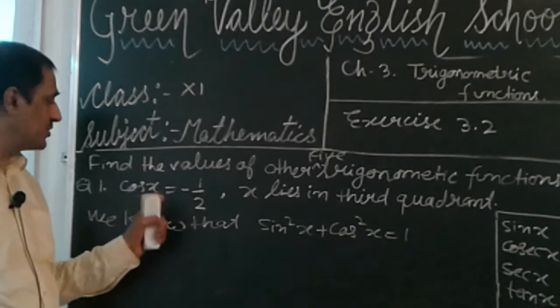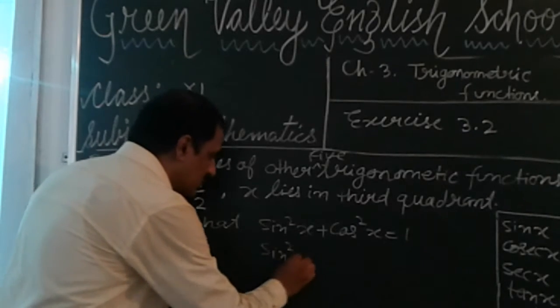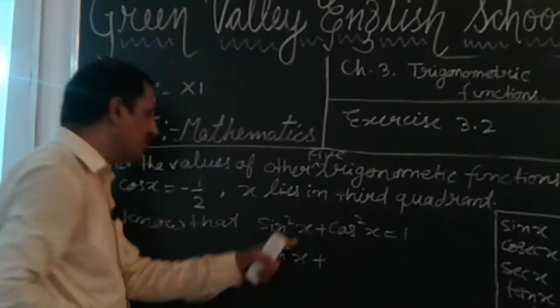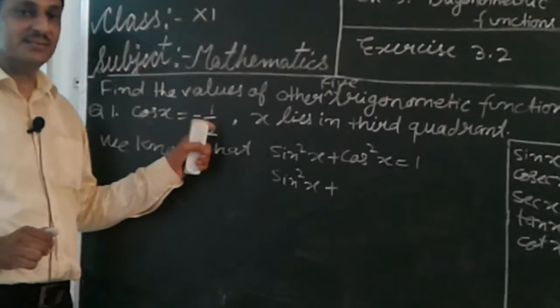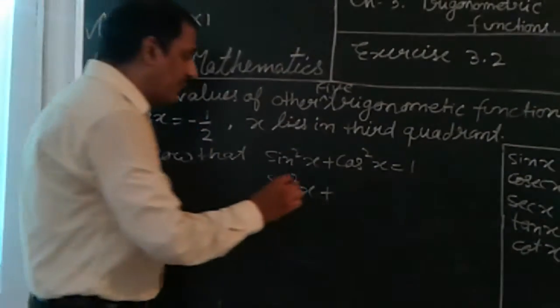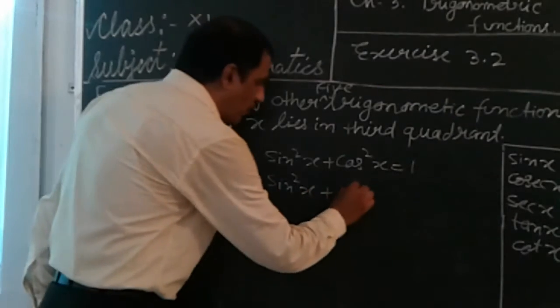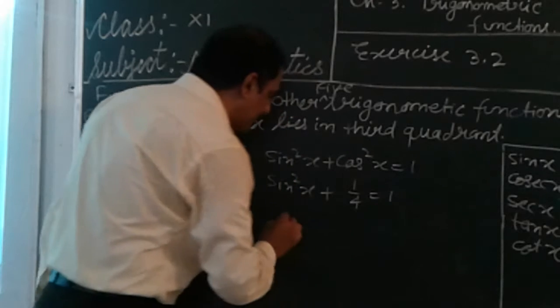Now I am going to put the value of cos x. Sin square x plus the value of cos x, which is minus 1 by 2. Then the value of cos square x is equal to 1 by 4, since the square of minus 1 by 2 is 1 by 4.